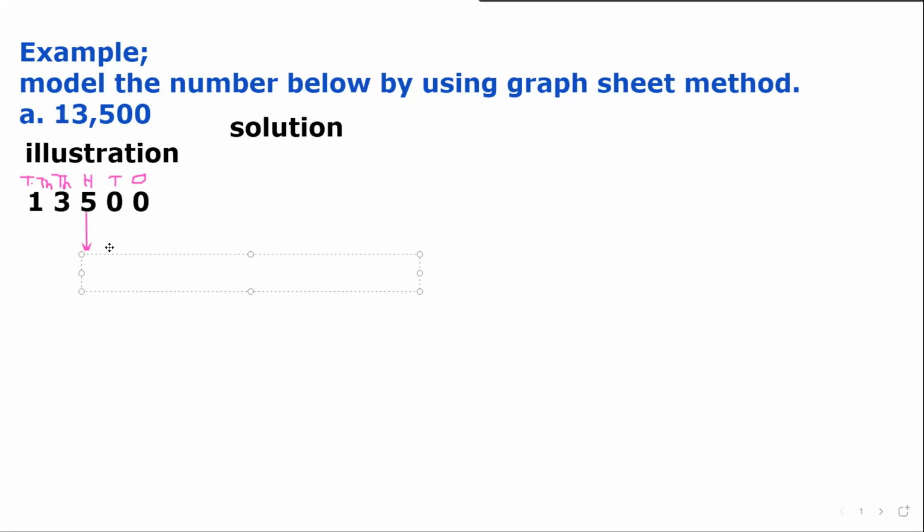The 5 times 100 will give you 500. So here will be 500.